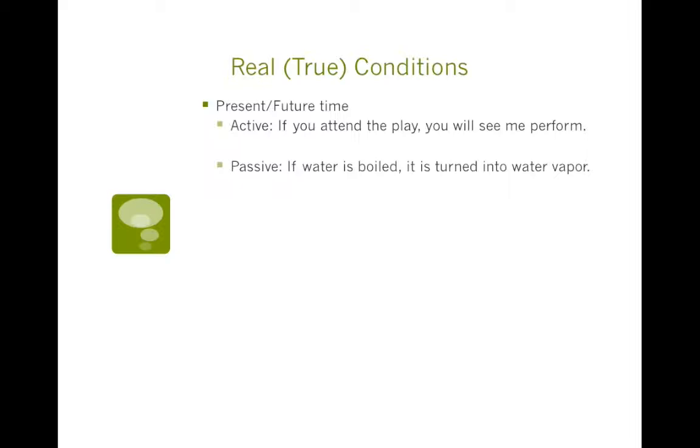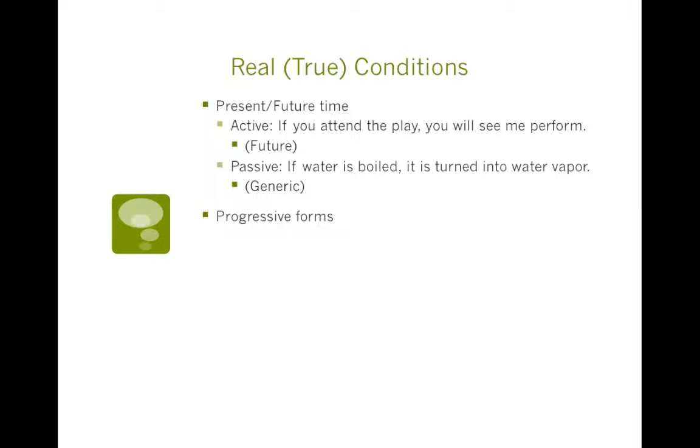So the first one, we know these are real conditions, but what kind of real conditions are they? Inference, habitude, future, or generic? The first one is future. It's something that happens in the future. It expresses plans or probable events. The second one is generic. It's a scientific truth.